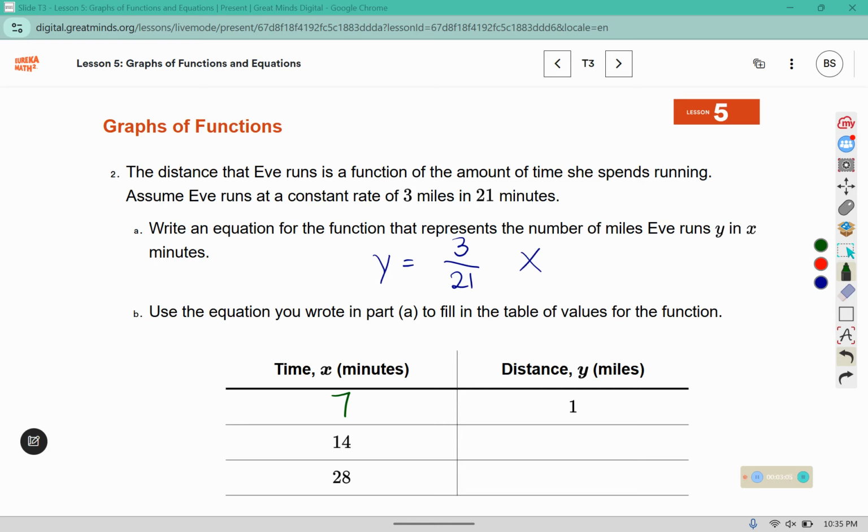Then we can plug in 14 for the x value. Three times 14 is 42. 42 over 21 is 2.